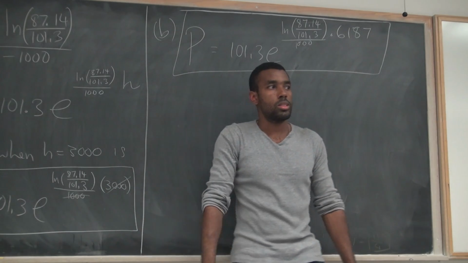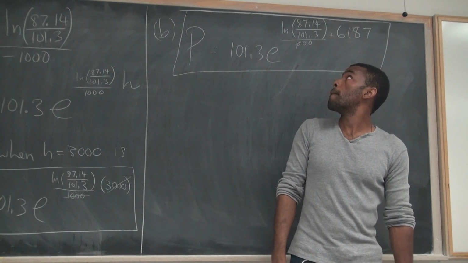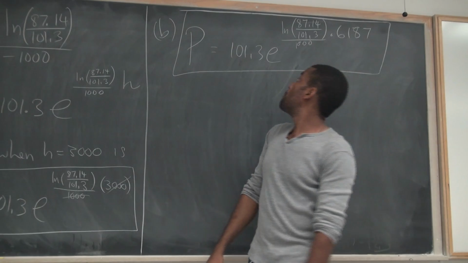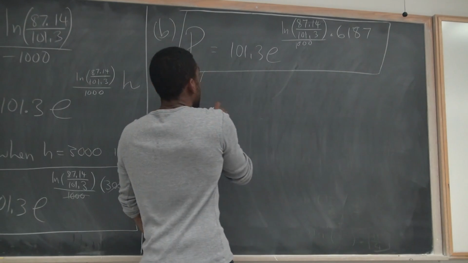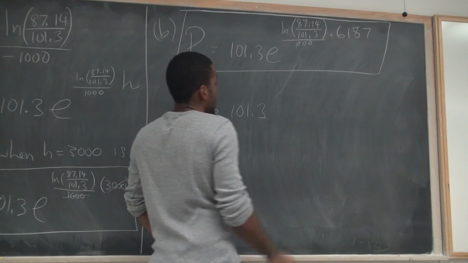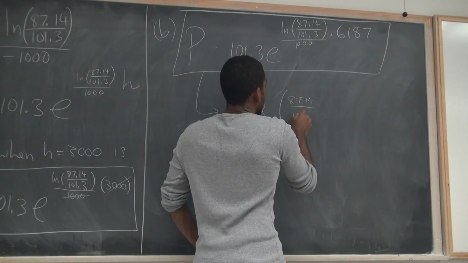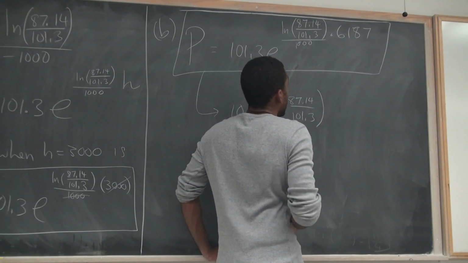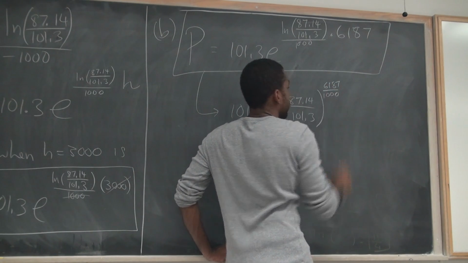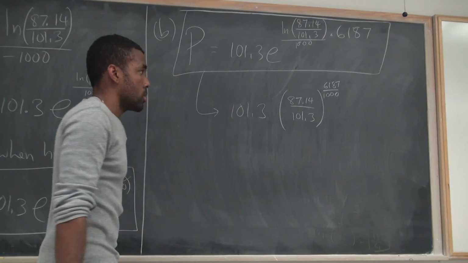Questions? You just read it as 101.3 times 87.14 over 101.3 to the 0.617 over 1,000 power. You know what I mean? Like without the e. You can write it without the e. You would have something like 101.3 times 87.14 over 101.3, and you'd raise it to the power 6187 over 1,000, or 6.187.